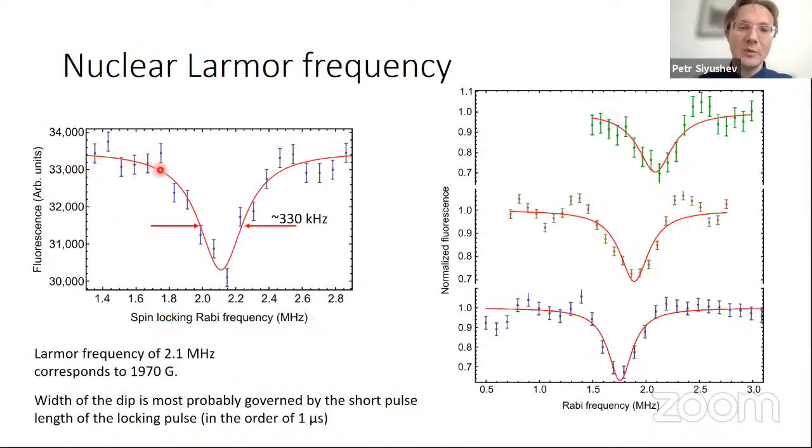We sweep the Rabi frequency of the locking pulse and visualize the Larmor precession, which for this particular center was 2.1 megahertz, corresponding to approximately 0.2 Tesla. To prove that this is not an artifact, we of course change the magnetic field and see that it shifts together with the magnetic field.